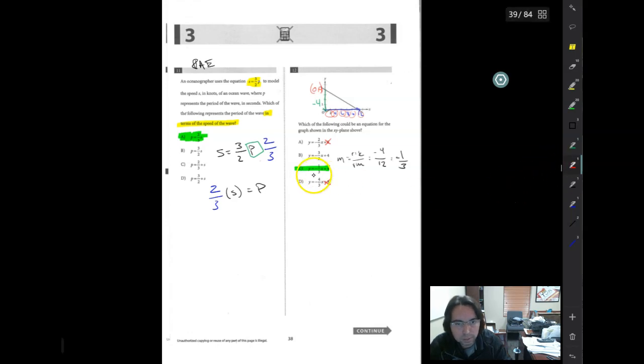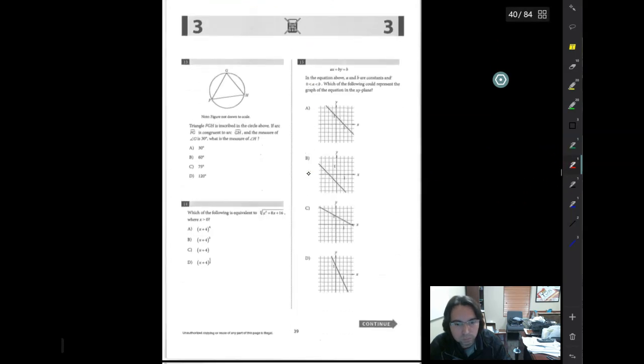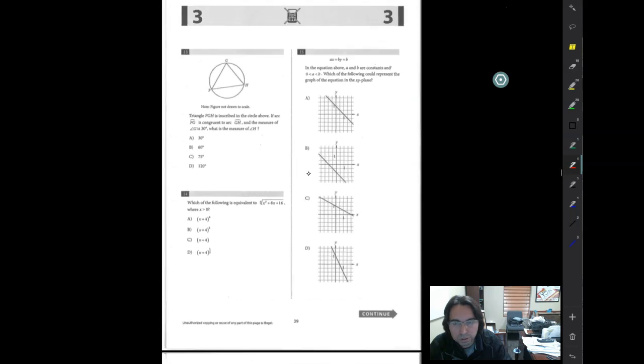Okay, number 13. All right. So number 13, we see that we have a triangle that's inscribed in a circle. We know that the angle of the triangle corresponds with the segment of the circle.